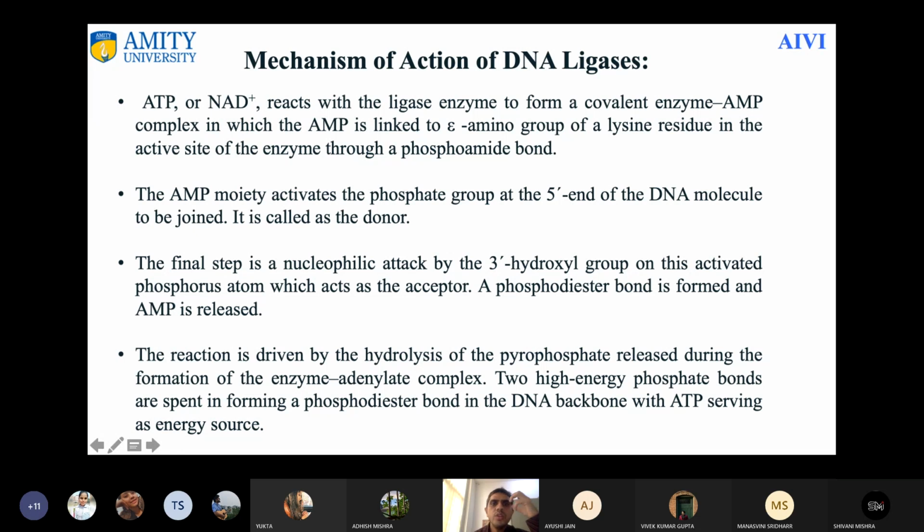Okay. So now this enzyme-AMP complex's job is to activate the 5' end of the DNA molecule. So now the job is the activation. What activation do you have to do? Now you have to activate the 5'. You all know that when DNA replication is going to occur, the role of energy is there.